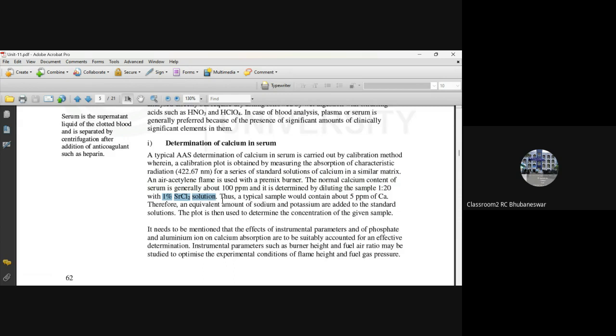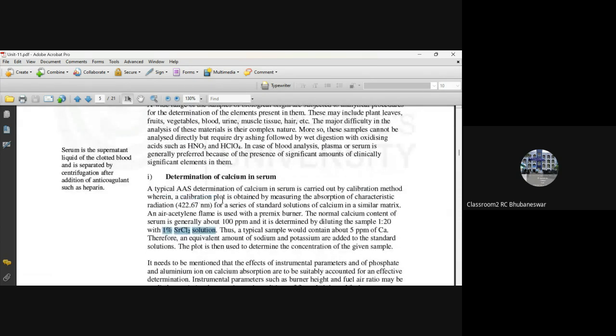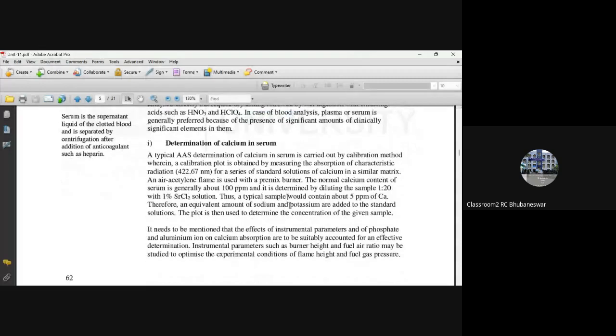See, I was telling you that because of the complex nature of the biological samples, you have to treat them in various methods. Like for calcium, you do this treatment before the sample is introduced in AAS. Similarly, for other determinations, you may have some different sampling technique also, so that you can get a better result.